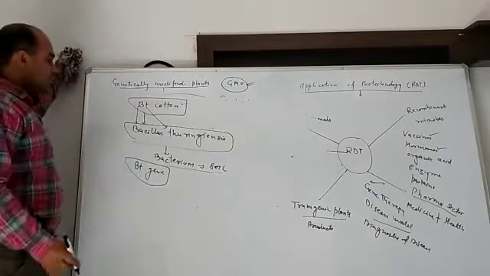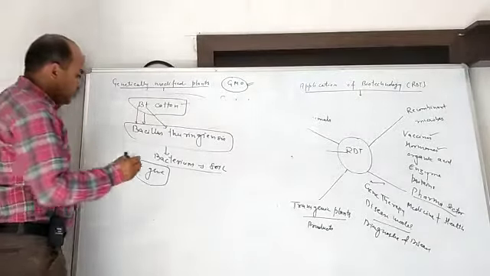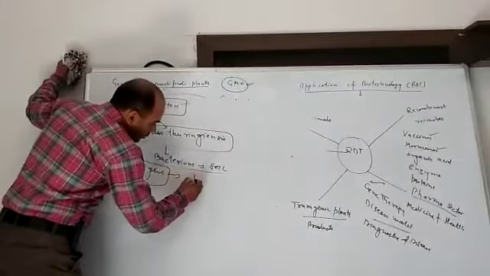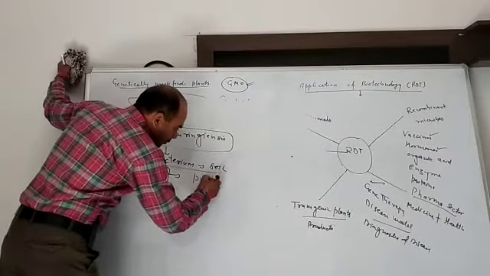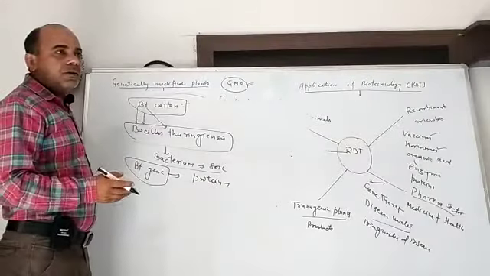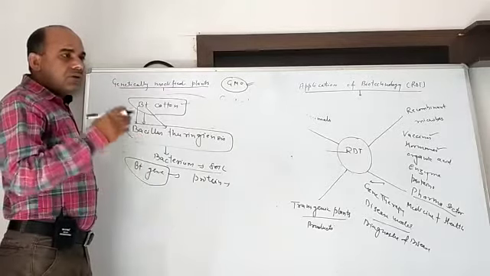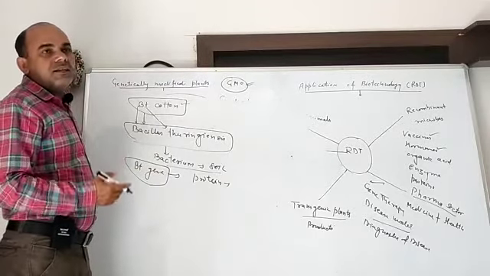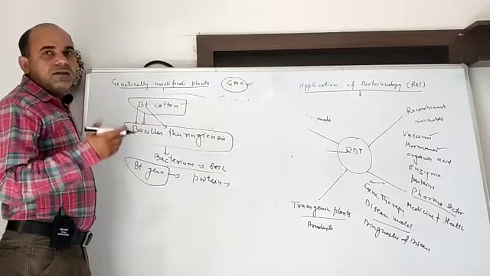This Bt gene is finally expressed to make a protein. These proteins are toxic to a particular class of insects. It means without using any insecticides, these particular insects can be easily killed.